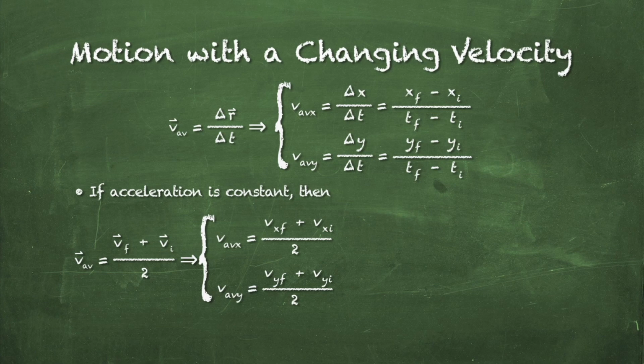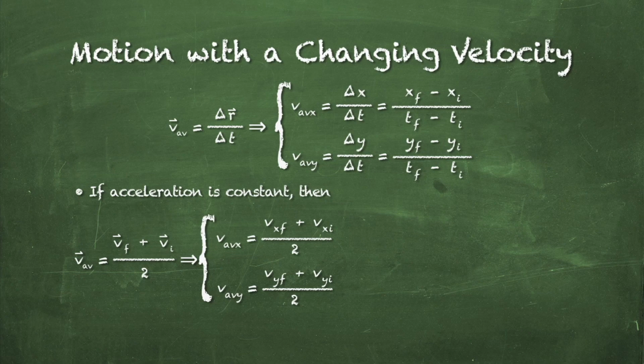The average velocity in the x direction is vx final plus vx initial divided by 2, and the average velocity in the y direction is vy final plus vy initial divided by 2.